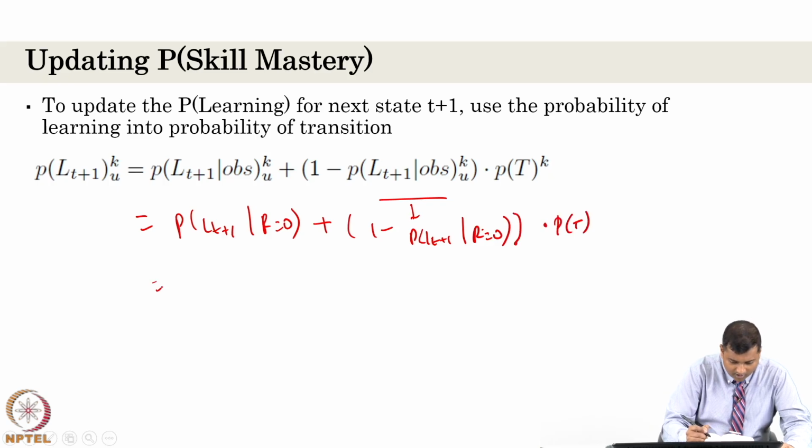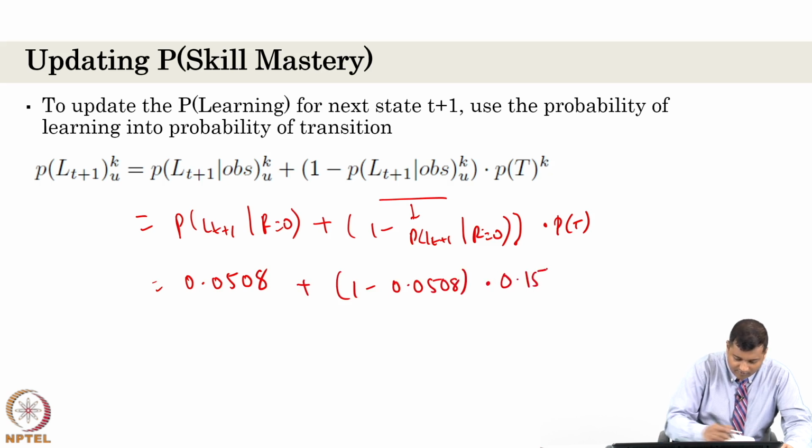That gives me a value of 0.0508 plus 1 minus 0.0508 times the transition probability of 15%, which is 0.1932.